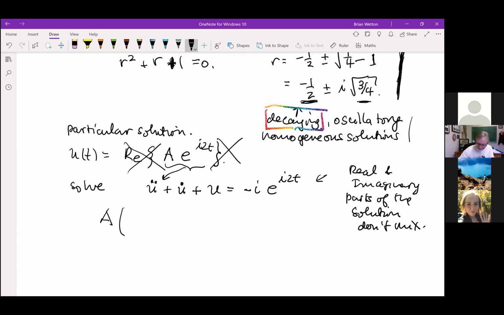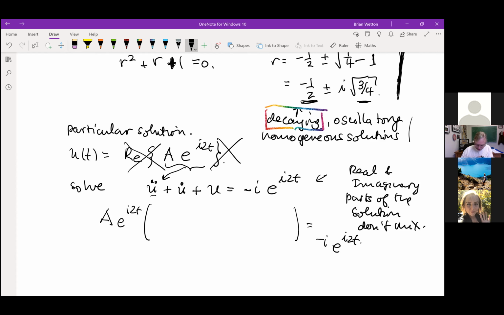In fact, I can say everything is going to get multiplied by e to the i2t. It's going to be some stuff, and then I'm going to have minus i e to the i2t. And again, this is a nice game that we've played before at reducing problems to simpler problems. Here I've got an ODE, which I'm going to reduce down to some algebra, right?